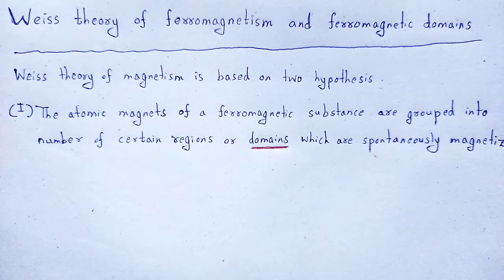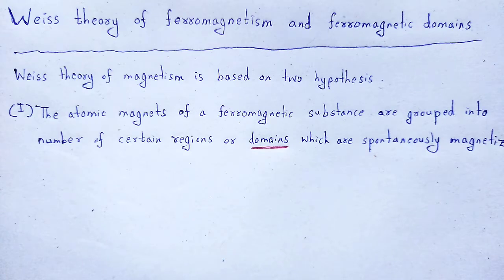Without the application of an external magnetic field, the net magnetic dipole moment is not zero. Therefore, a permanent magnetic moment exists in paramagnetic substances as well as ferromagnetic substances.